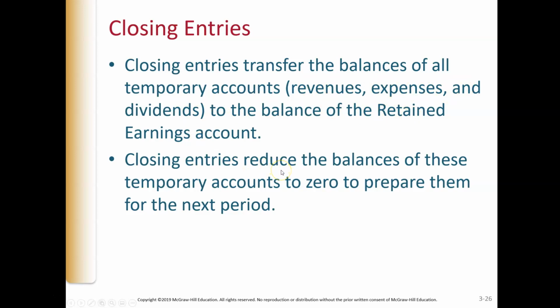Closing entries reduce the balances of those temporary accounts to zero. So we need revenues, expenses, and dividends to go to zero every year. Otherwise, our revenue account would have our revenues from the time we started business, and that would not be good. It wouldn't make sense. So we need to move all of those things to start the year out new.